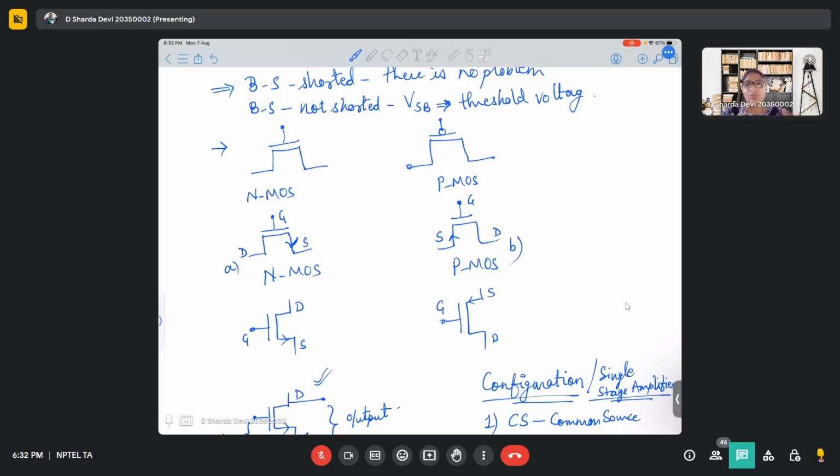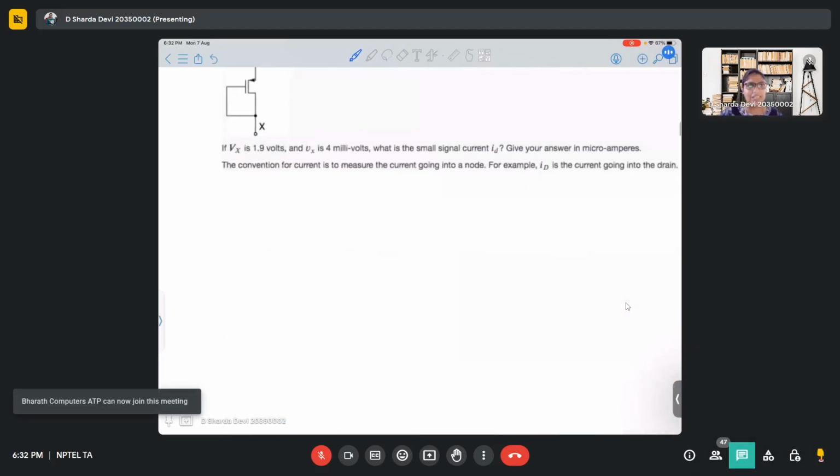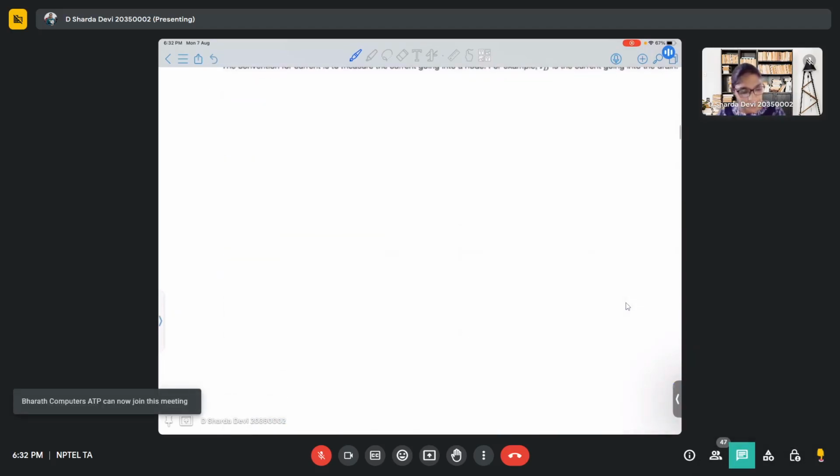To give you more insight, let's take a very basic circuit with a MOSFET. We use a resistor, then the MOSFET, and this is the gate. This is VDD.